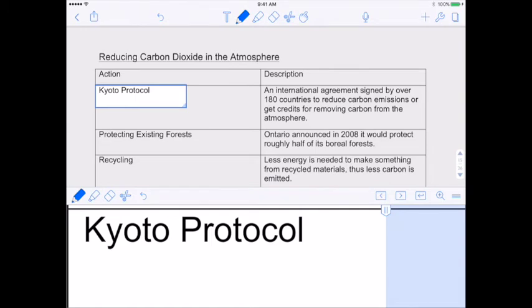These are ways to stop emitting carbon dioxide. Now, there are also ways to remove carbon dioxide from the atmosphere. For example, planting trees. Since trees take in carbon dioxide for the process of photosynthesis, this reduces the amount of carbon dioxide in the atmosphere. So another way to reduce carbon dioxide in the atmosphere is to protect any existing forests in our country.